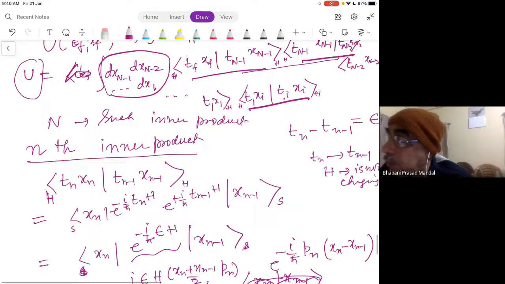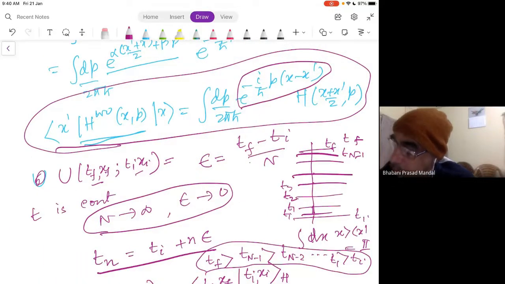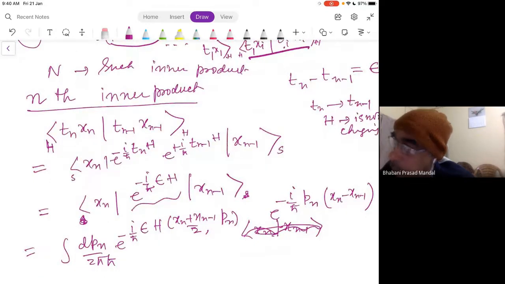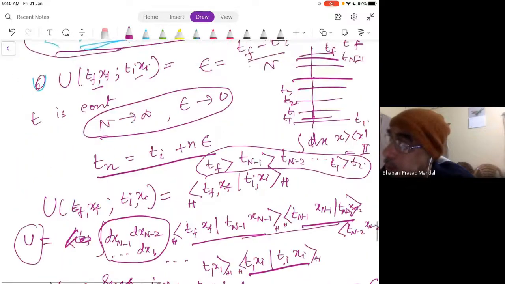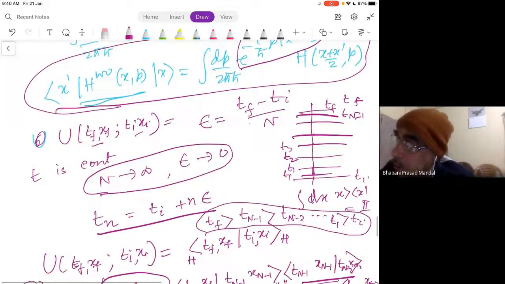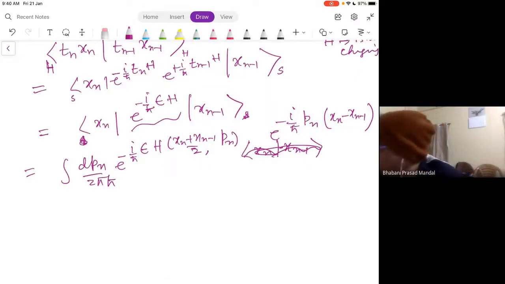Okay, x prime, let us see the formula again. x minus x prime, minus or plus. Okay, so you will get this. Let me check. Is that fine? i p_n. I think this will be plus.